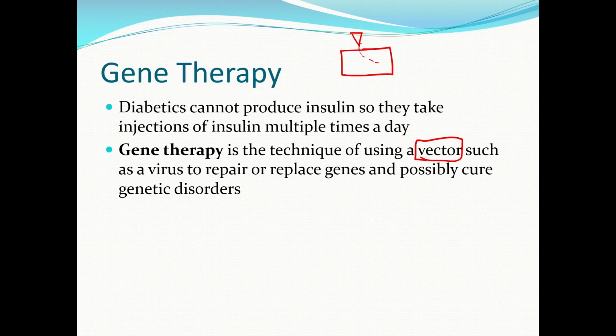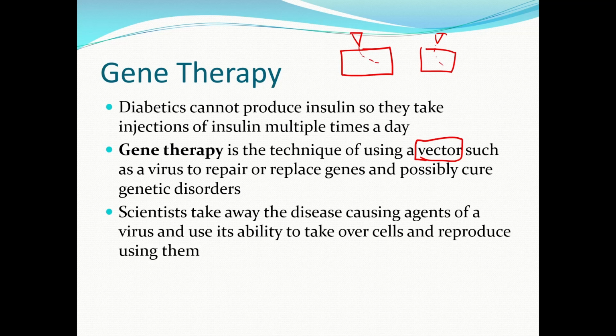But what you could do is instead of that information telling the cell to produce more viruses, that information could tell the cell to, hey, make insulin, repair genes, right? And you inject enough of these viruses over time into all the cells, they change the DNA of all the cells, and the person with a genetic disorder doesn't have that genetic disorder anymore.